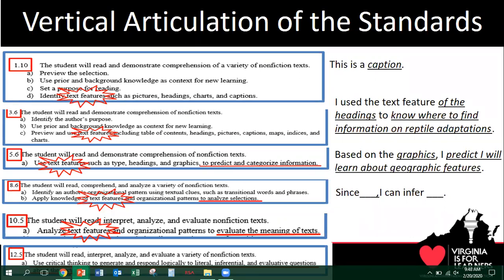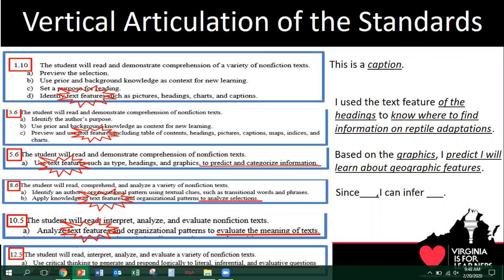I might even add to that, this is a caption, it says this, or this is a caption, it tells me this, or a caption goes with pictures. So I can continue to extend the complexity of what that sentence is. But even students from the beginning level can be given a frame to say this is a blank.